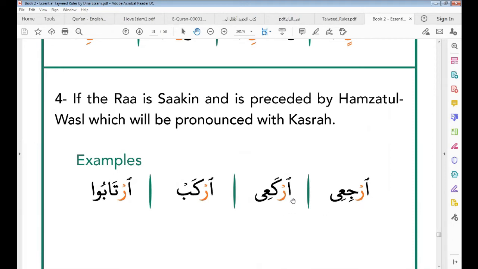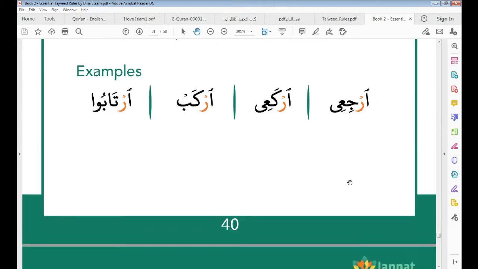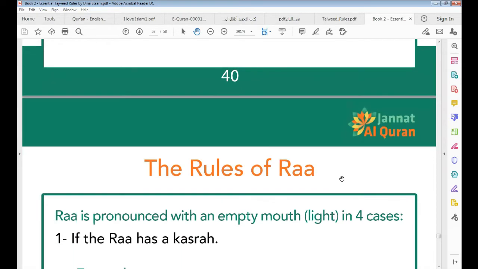Irji'i, irka'i, irkab, irtabu. So when we have ra sakina coming after hamzatul wasl, which we will say with kasra, the ra will be heavy. These are the 4 rules of ra.